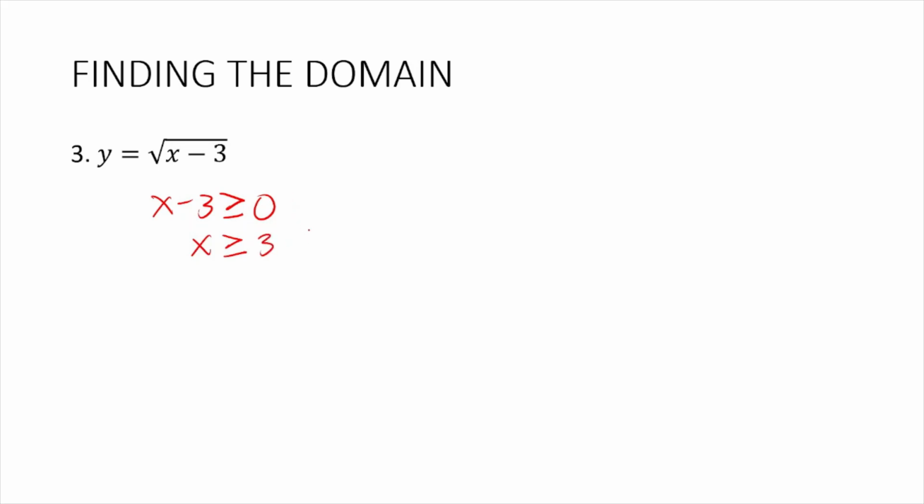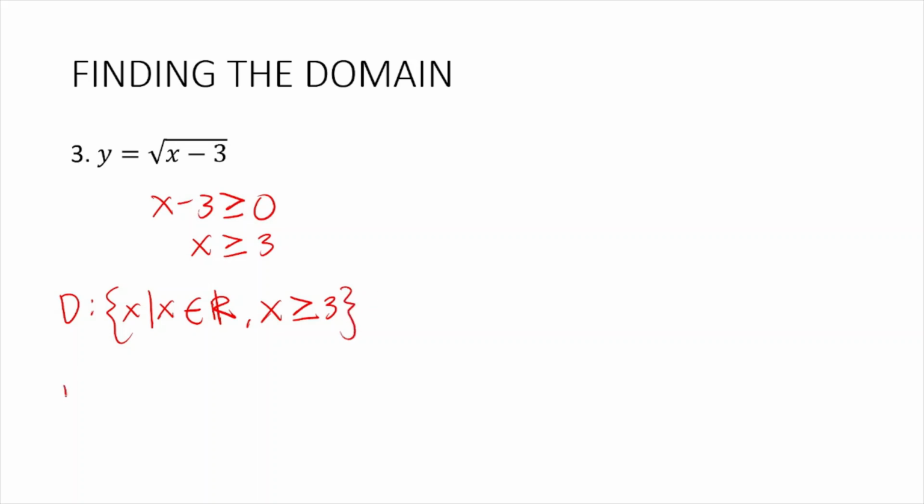All right, so in this case, the allowable x values are x values greater than or equal to positive 3, right? The domain in this case is the set of all x values such that x is a real number and x must be greater than or equal to 3, right?